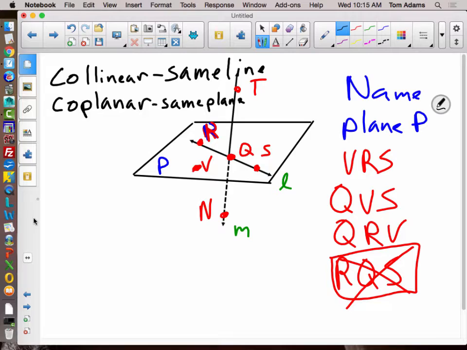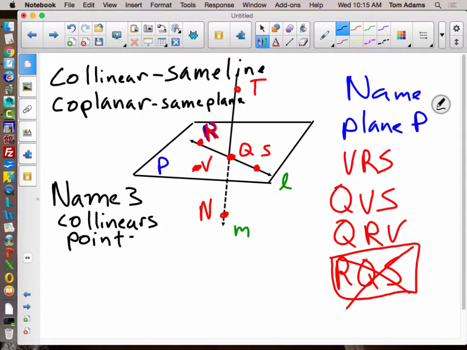Now the third question for example number 1 is, name 3 collinear points, and then they ask you to name 4 coplanar points.